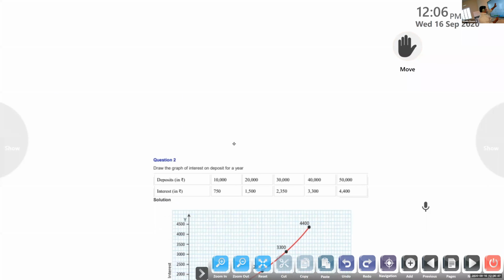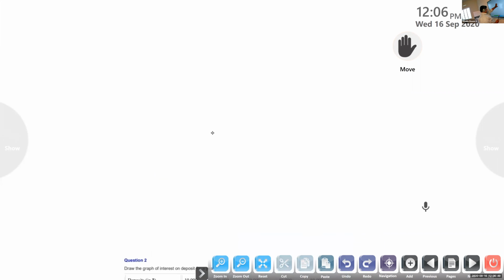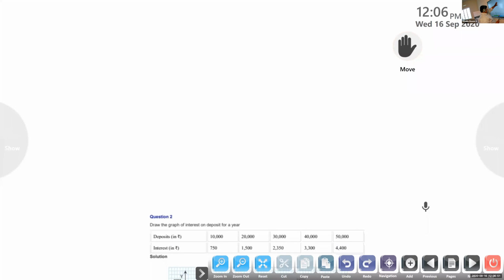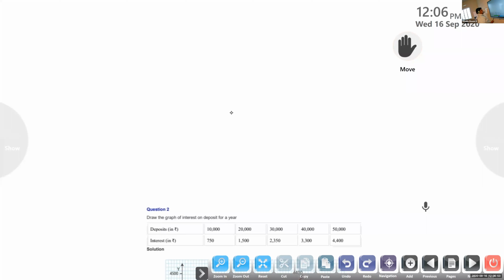Okay, write down this question. Can you see the screen? Just write on this table. Draw the graph of interest on deposit for a year. So you have to prepare an arithmetic line graph here.